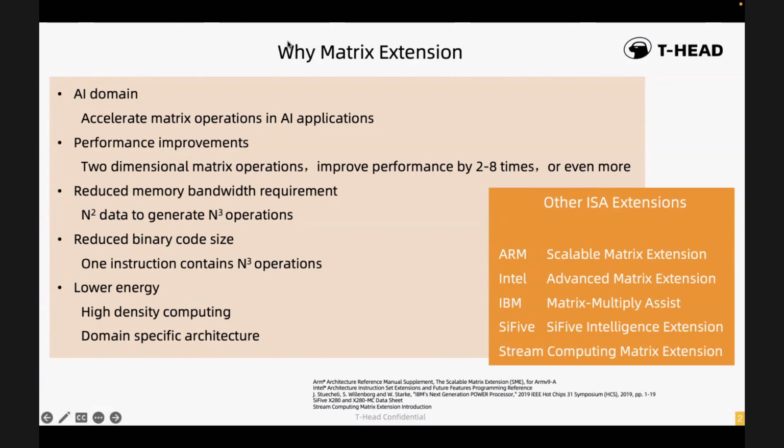So the matrix extension will take the GEMM part or the multiply-accumulate part, and the vector extension will take the pointwise part, the ReLU part, or the pooling part or attention part. So they can work together and boost the performance of this big neural network, in my opinion.